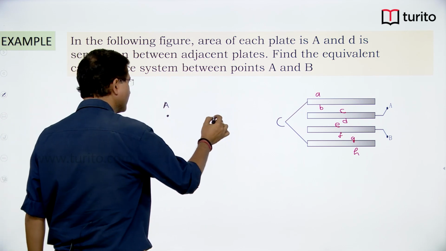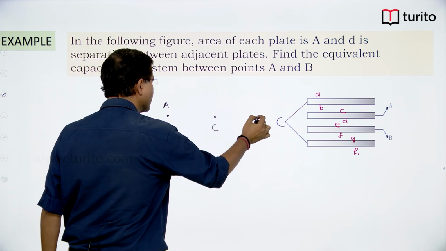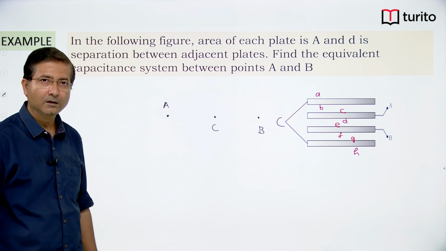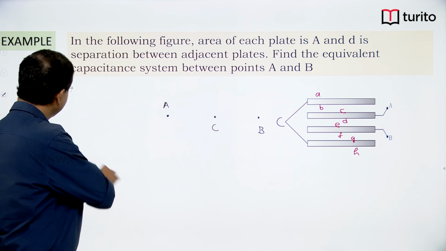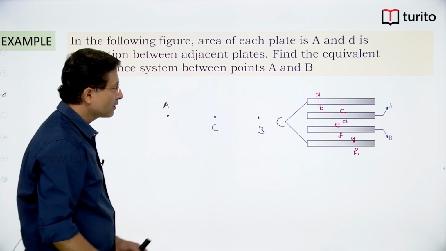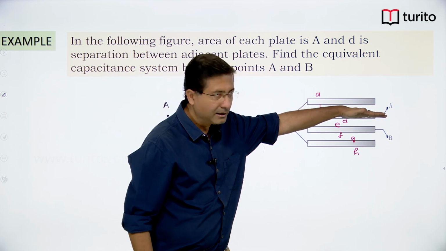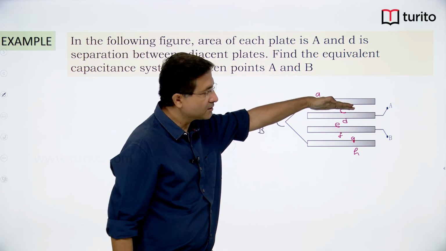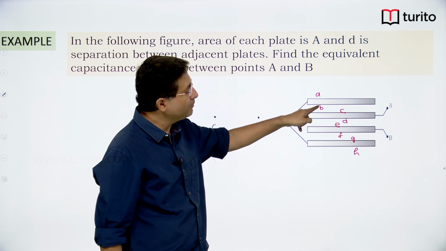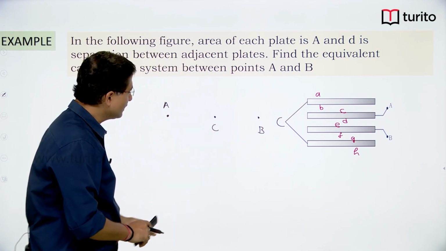A, C and B, and now let us connect plates. A, upper surface C which is facing B, upper surface C is facing B which is connected to C, right.